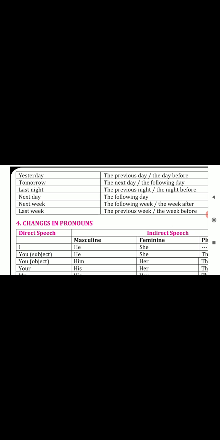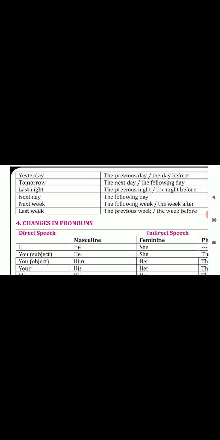Next day becomes the following day. Next week can be changed into the following week or the week after. Last week becomes the previous week or the week before in indirect speech.